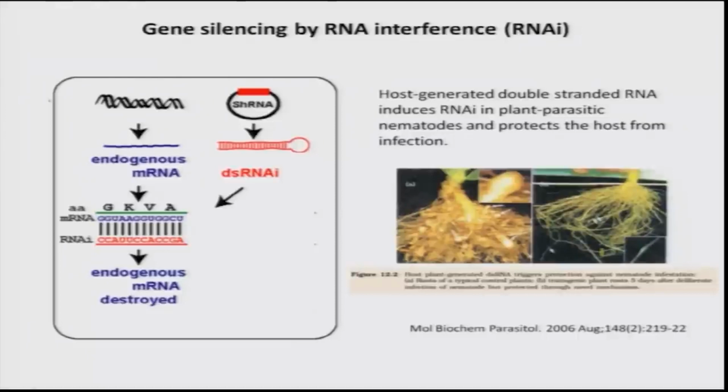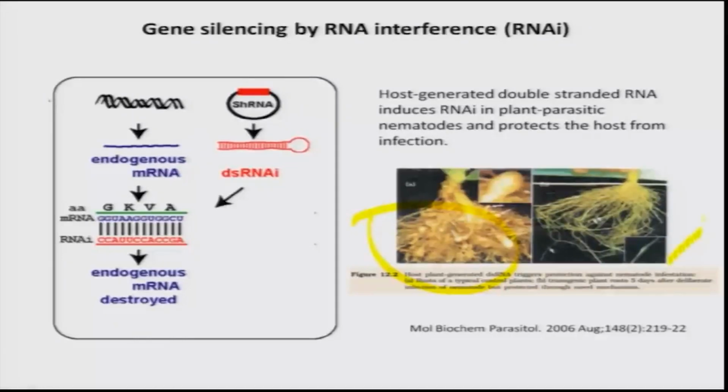They are the ones that infect the plant, and what is shown here on the left side is a root of a plant which is heavily infested with the parasite. The parasite gets in and forms these nodules, as a result of which the plant does not grow well, due to the infection. But if you can make the plant produce double stranded RNA for some of the genes that are critical for the development of the worm, the nematode, the parasite, then what happens?